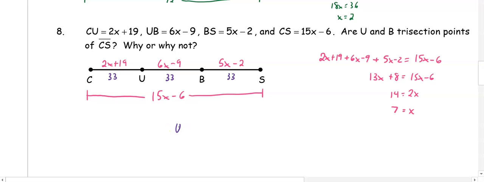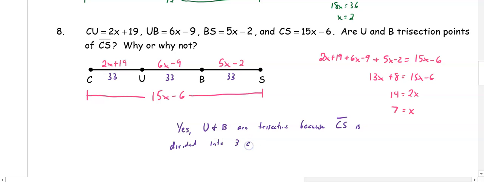So yes, U and B are trisection points because CS is divided into 3 congruent segments since they have the same length.